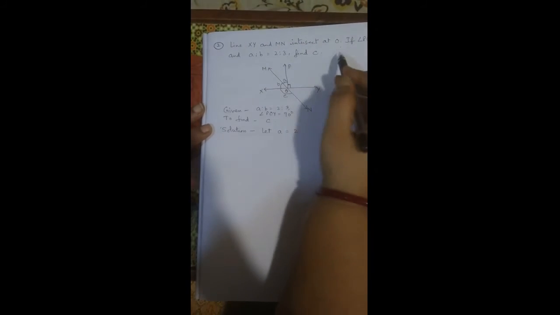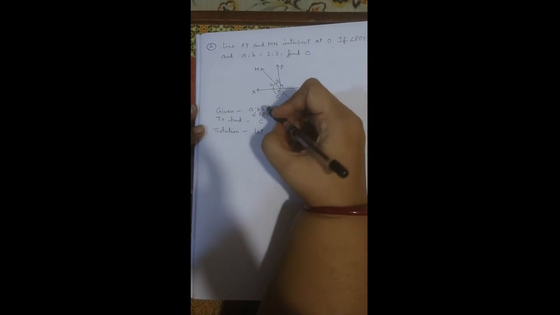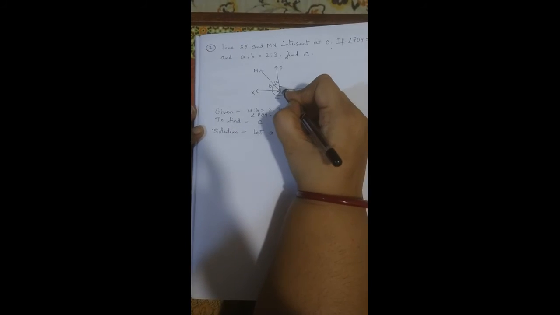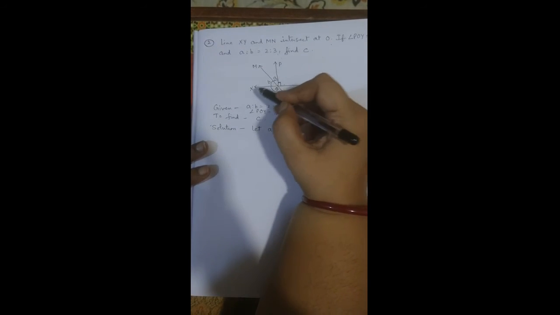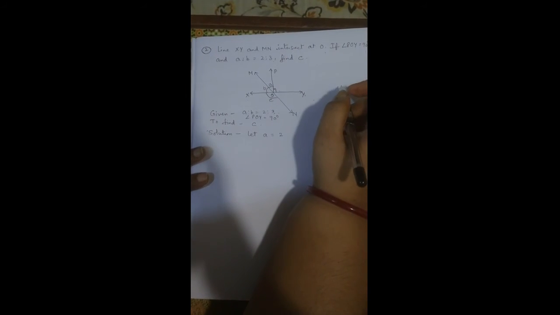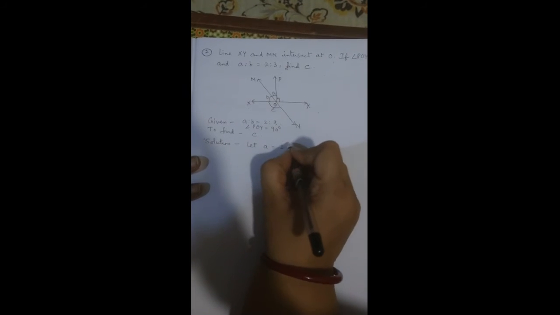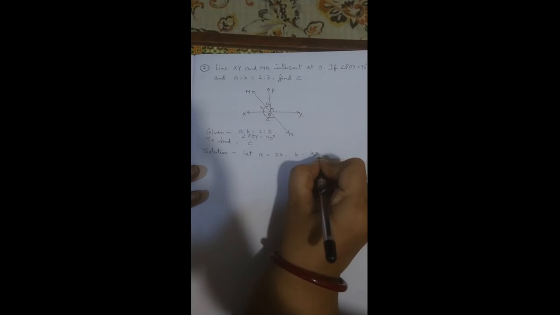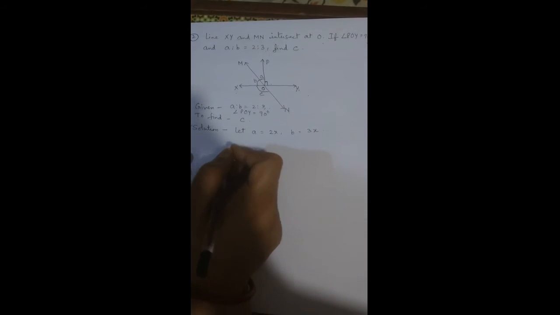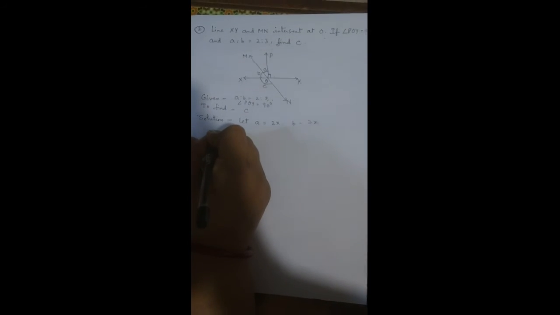So given here is A is to B equals 2:3 and angle POY, this one, is 90 degree. We have to find this angle C, meaning angle XON. So let A equal 2x and B equal 3x. OM and OP stand on this line XY.